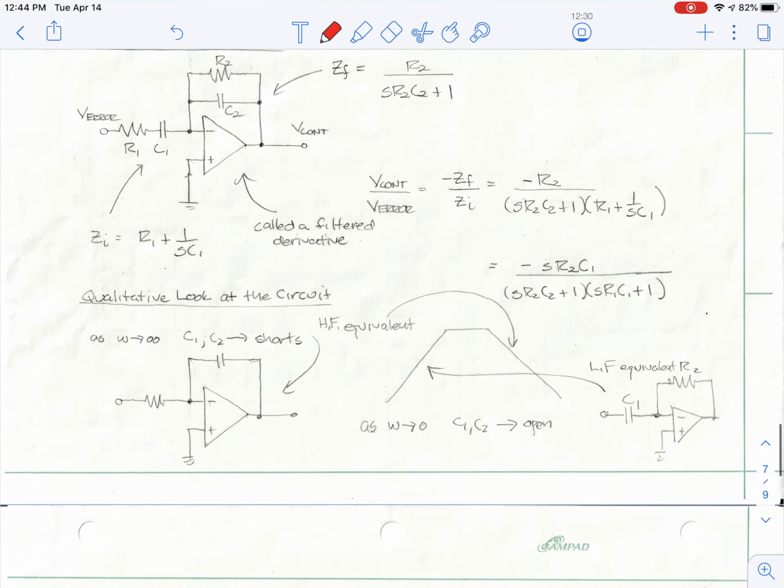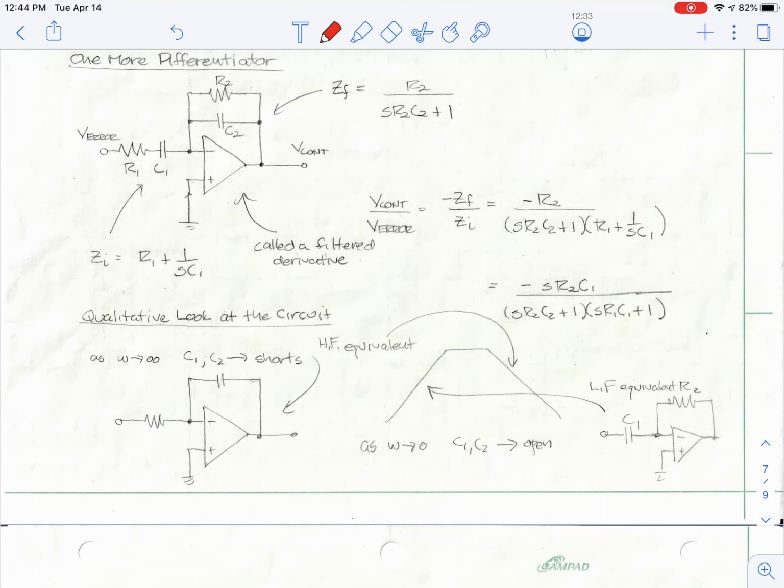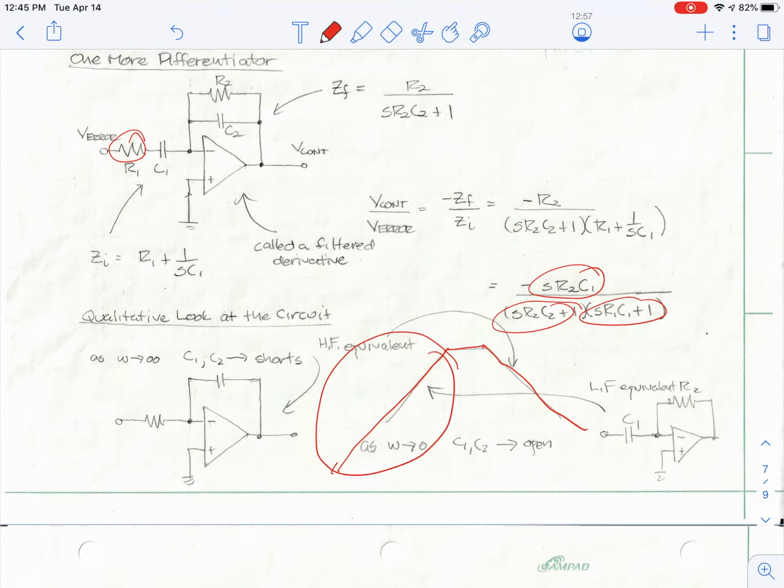Now, one more differentiator. I can do this: I can add an additional resistor in series with the capacitor. And when I do this one, there's the differentiator part. And I get two poles now. I arrange these poles so I get a Bode plot that looks like this. In this region, it's a differentiator. Then it gets knocked down, then it gets knocked down again, and it goes to 0.